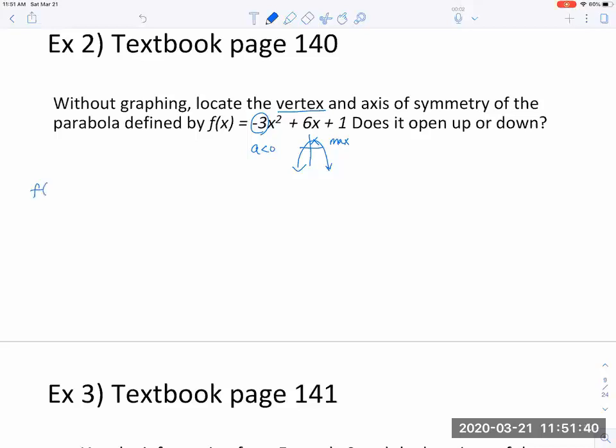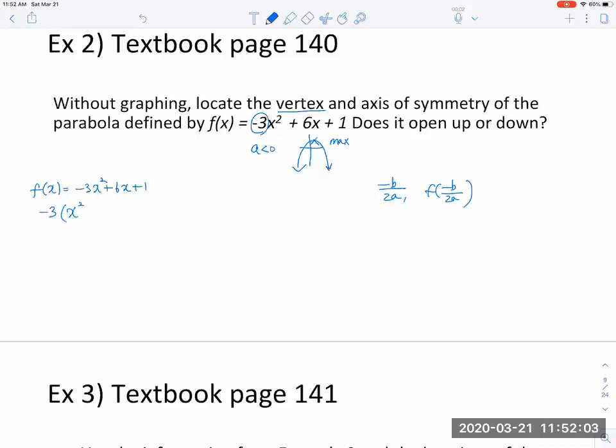So f of x equals -3x squared plus 6x plus 1. You could change it to the vertex form, or you could use the formula. It's up to you. But if I do convert it to vertex form, -3x squared.